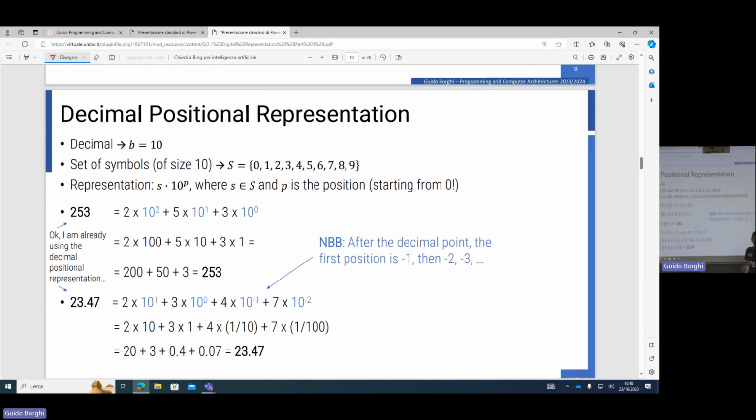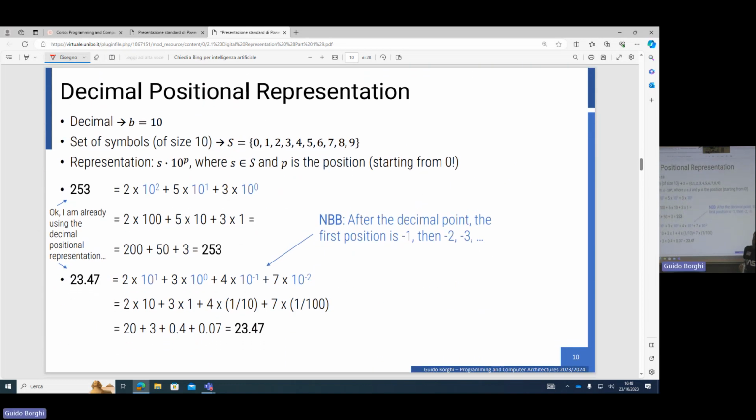Okay, we can start with the decimal positional representation, so we can understand if we have understood all the elements in the previous slide. The decimal positional representation is the representation that you use every day. Maybe some of you use a different representation, but here in Europe, in Italy, every day we use the decimal positional representation.